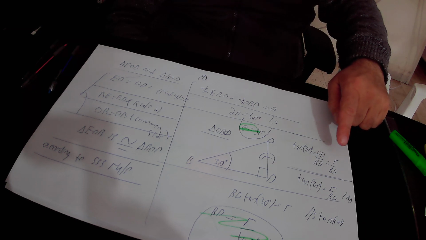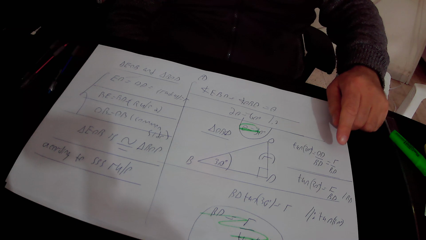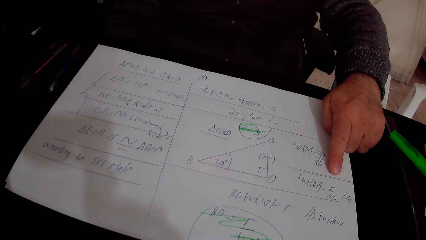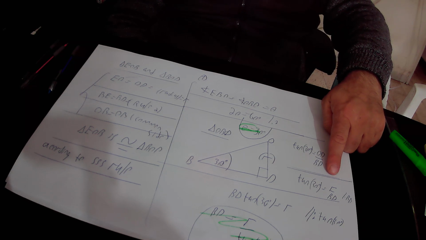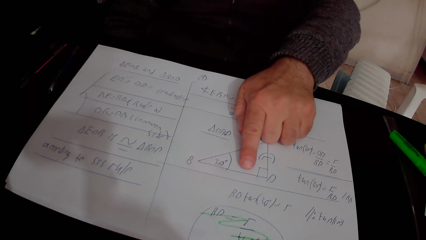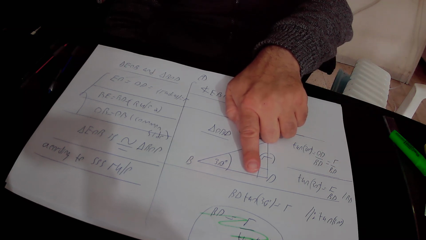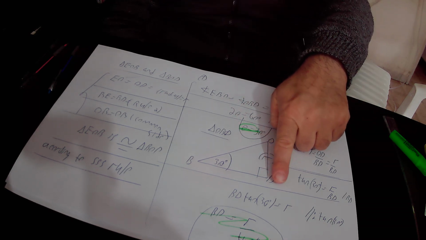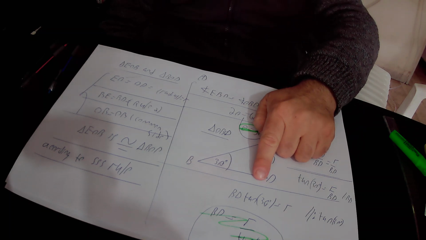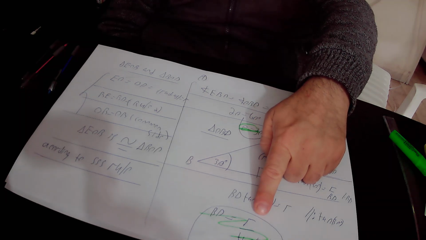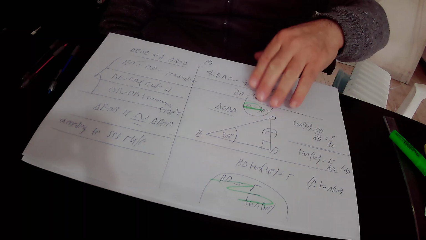So tan 30 degrees equals R over BD. We multiply this equation by BD and find that BD times tan 30 degrees equals R. Then we divide this equation by tan 30 degrees and finally find that BD equals R over tan 30 degrees.